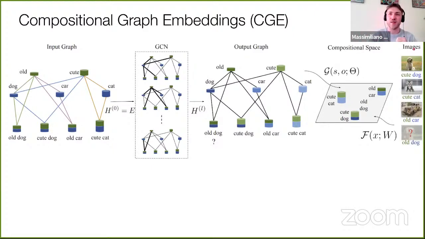For instance, an example here is that there is no old cat in these images. So it seems that old cat is not a composition in the dataset. And as you can see in the graph, old and cat are not connected. And cat is not connected to any composition because we are missing the old cat composition. It's not a part of the dataset.